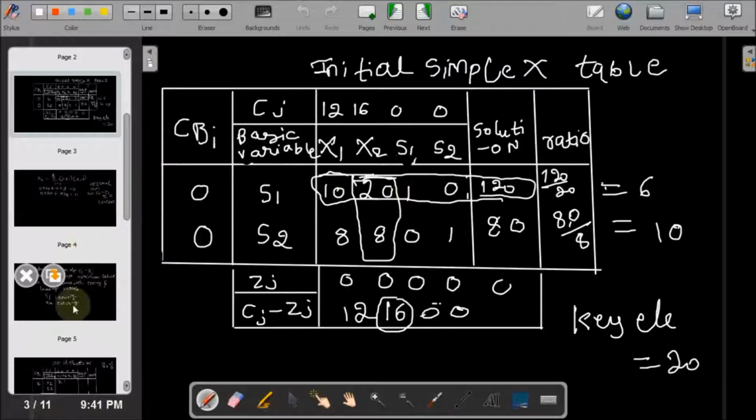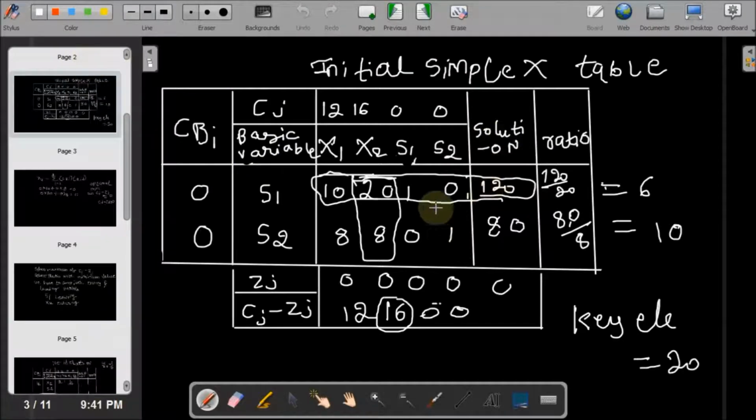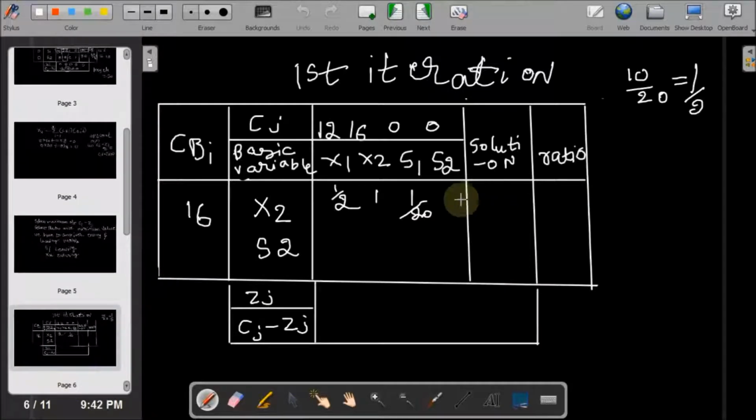So 1 divided by 20 means 1 by 20. What is the value of S2? 0 by 20, 0 only. So these are the new values. Getting, guys? If you are not understanding, I will write.